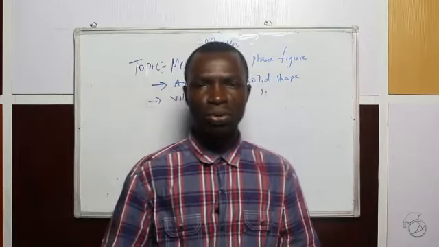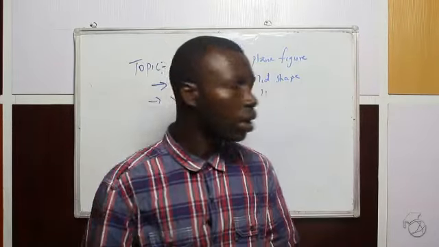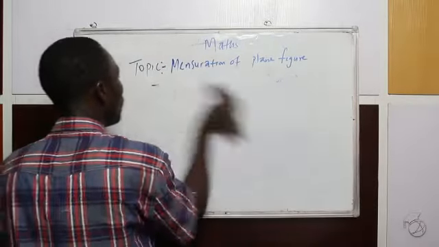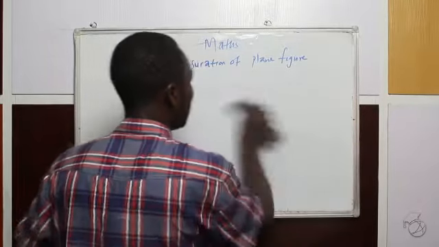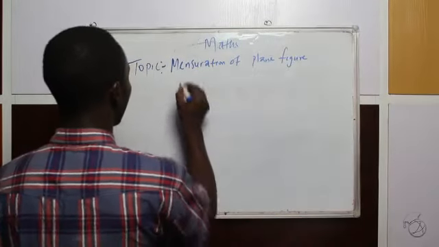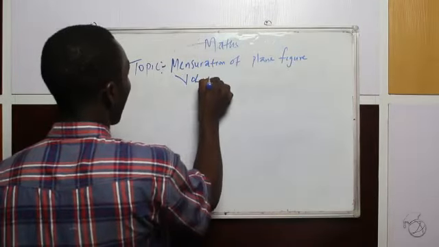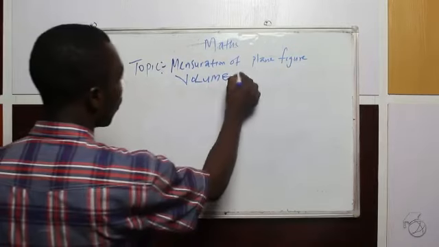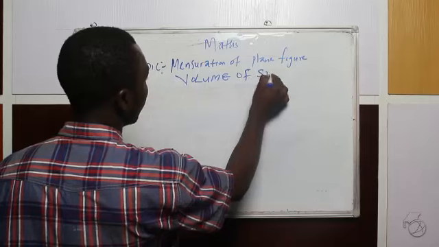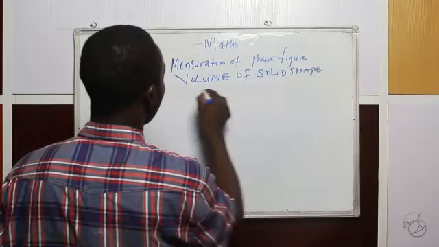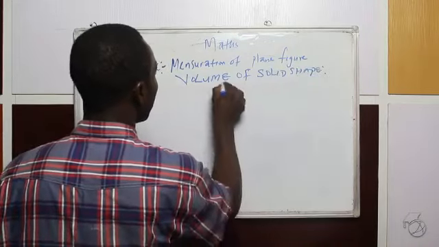Also, I want us to proceed by finding the volume of a sphere and hemisphere. Volume of solid shape, sphere.